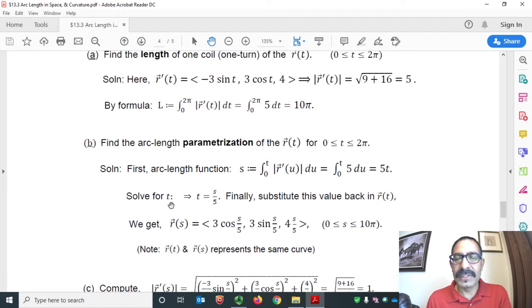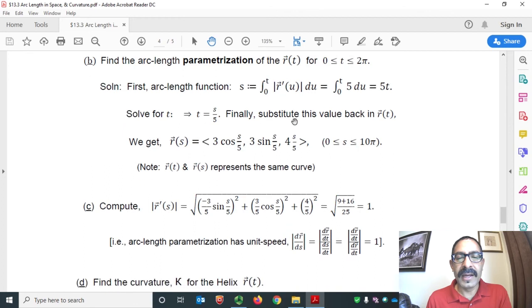Then solve for t: t equals s over 5. Finally, substitute this value back into r(t). So put t equals s over 5 in the given equation of the curve. Hence we get r(s), the equation of the curve in the s parameter: the vector with components 3 cosine of s over 5, 3 sine of s over 5, 4s over 5, with s between 0 and 10 pi.